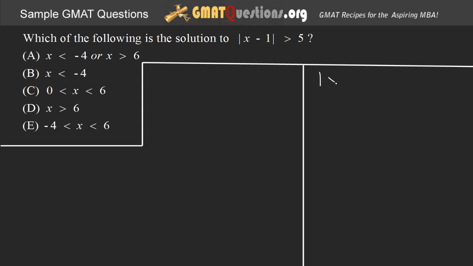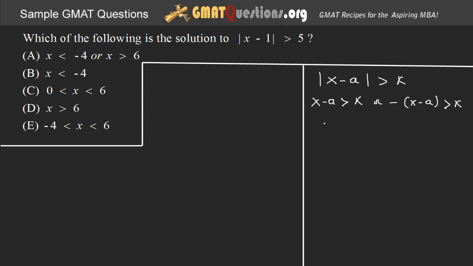In general, when you have the absolute value of x minus a greater than k, what they teach us in high school is to say that x minus a greater than k, or the opposite of x minus a greater than k. Why? Because the absolute value of x minus a can be x minus a or negative x plus a. That's the reason for that.